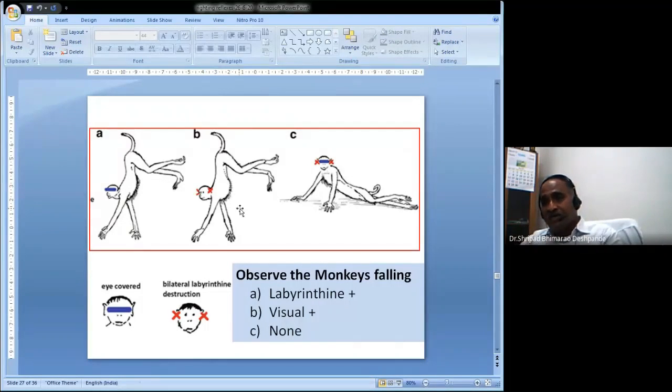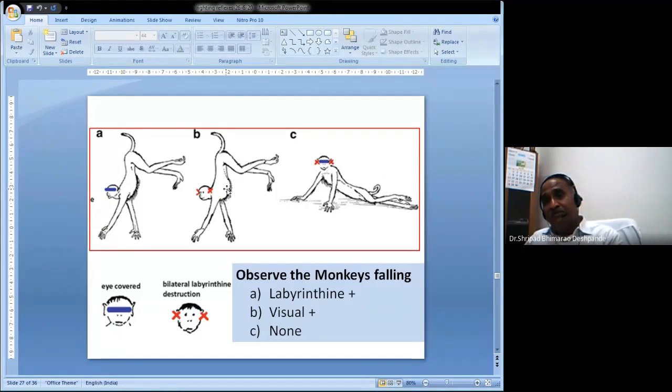Now here is a monkey that has undergone labyrinthectomy. Labyrinthectomy is a procedure in which we can cut the vestibular nerve on both sides, or we can place the monkey in a big centrifuge and rotate it, and you will destroy the vestibular system, the otolith organs, because those are crystals.